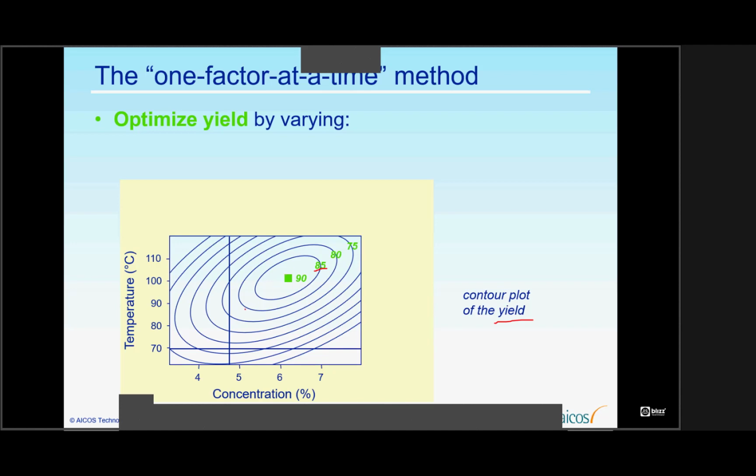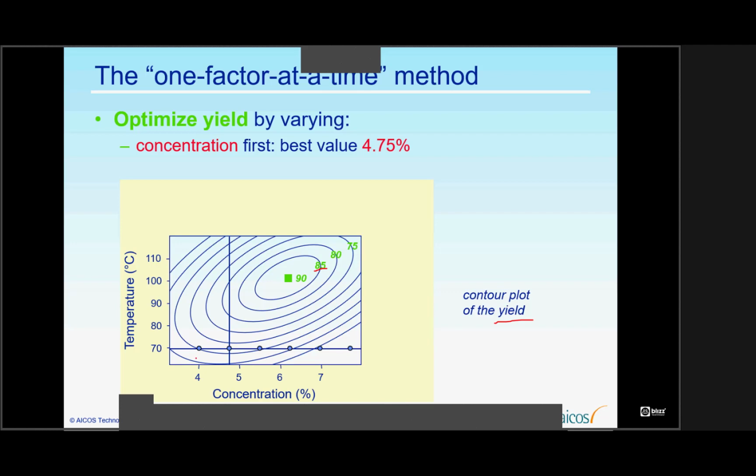And as you walk in this direction, the yield goes down as you walk down the hill. So in this one factor at a time method, which is widely used by the majority of scientists, also in the pharmaceutical industry, the idea is to optimize the yield by varying some factor first. So here we choose the concentration.